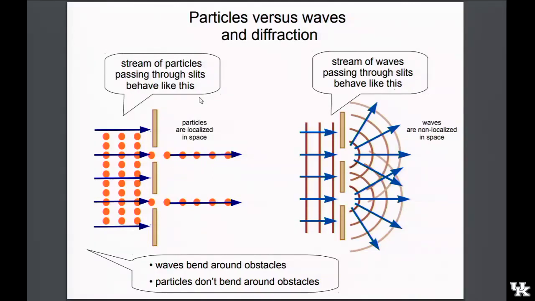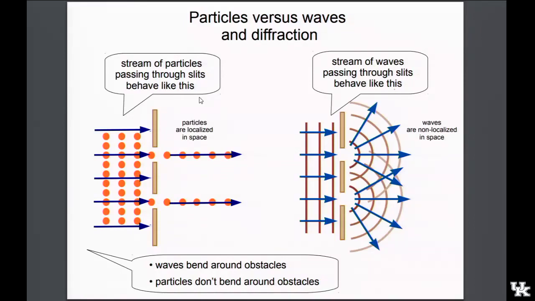So we're looking at the effect of particles striking a wall, and waves striking a wall where there are two slits in the wall. And we're going to look at the differences. For the particles, lots of particles don't go through the wall. Some do, but when they go through the wall, they will just travel straight from left to right.